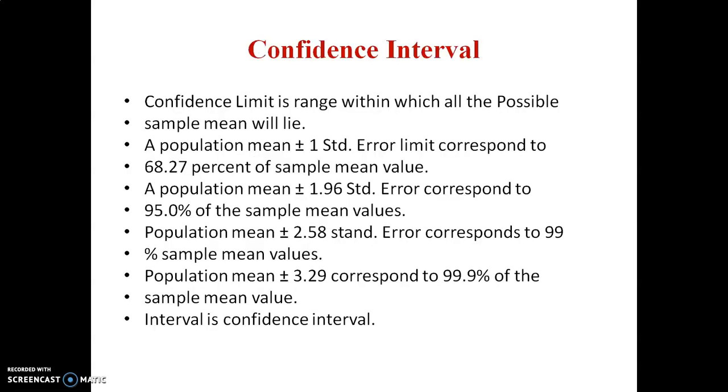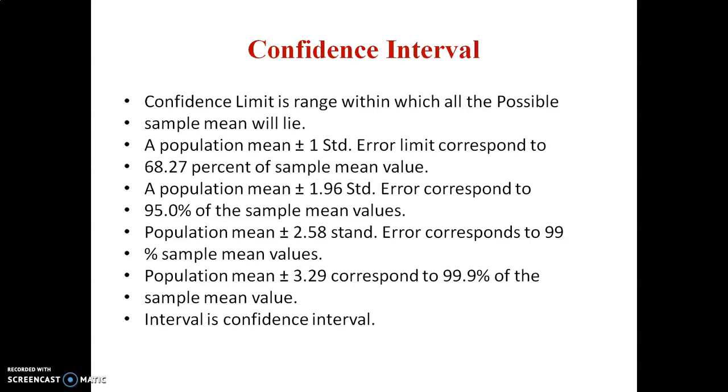Confidence intervals. The confidence limit is the range within which all possible sample means will lie. A population mean plus or minus 1 standard error corresponds to 68% of sample mean values. A population mean plus or minus 1.96 standard error corresponds to 95% of the sample mean values.